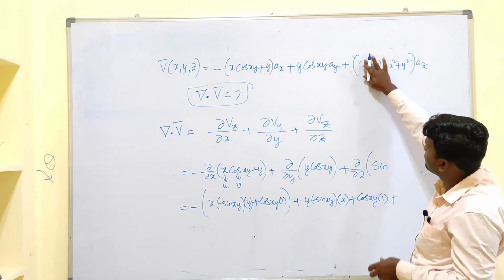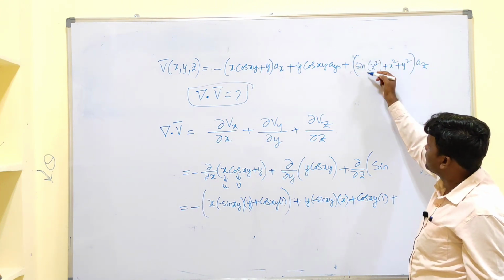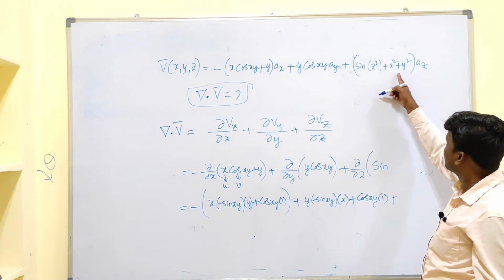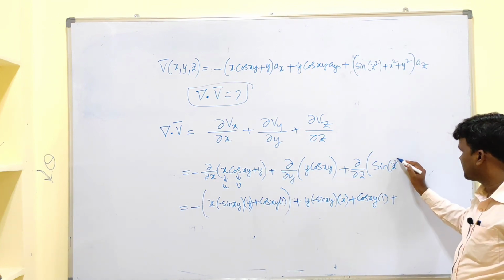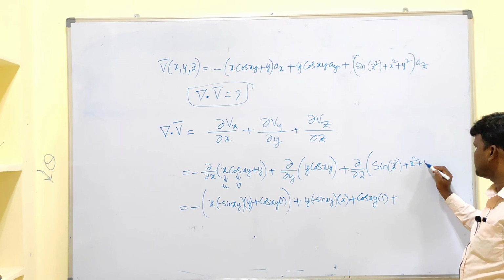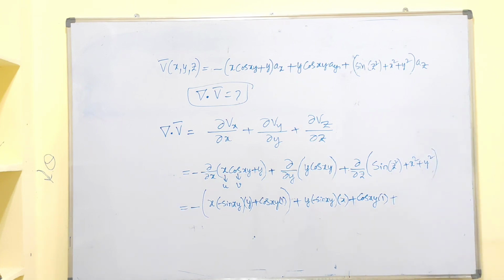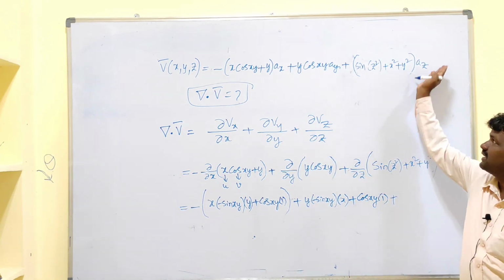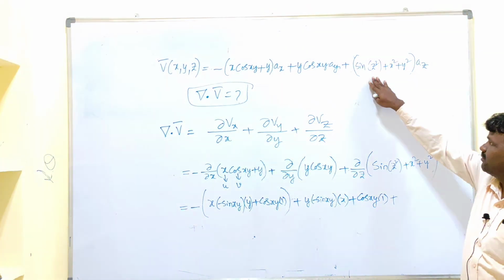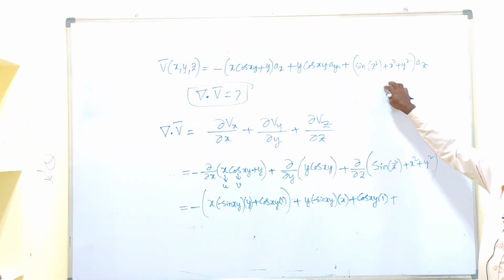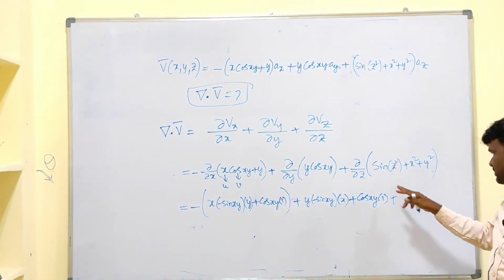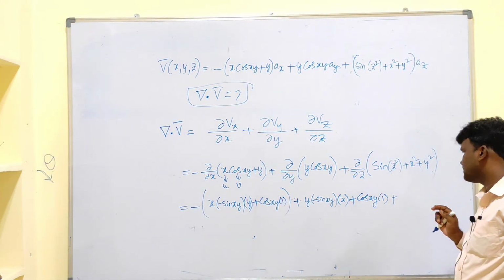This is one term, basically it consists of three terms, first one, second one, third one. So here we can write this as sin of z square plus x square plus y square. Sorry, actually it is a previous GATE question, that's why I made changes as per that previous GATE question.